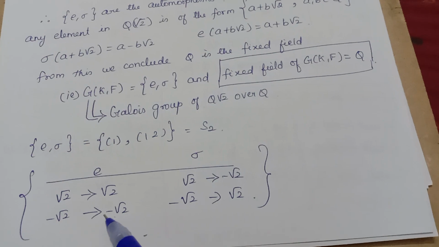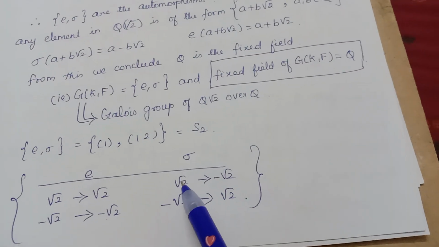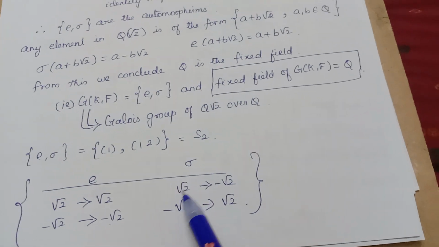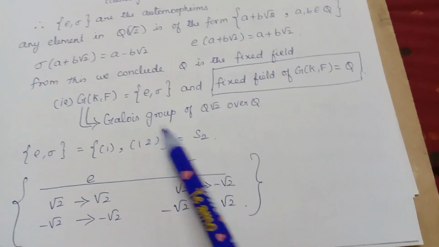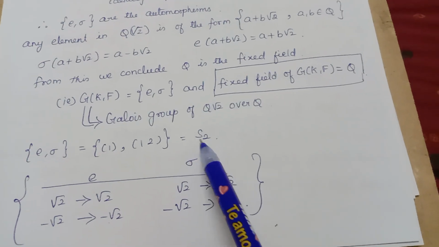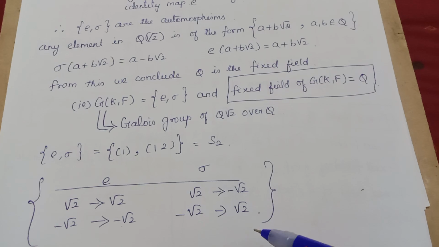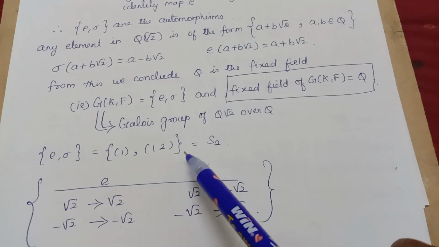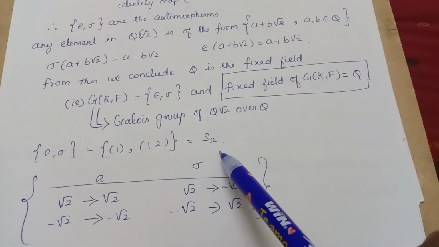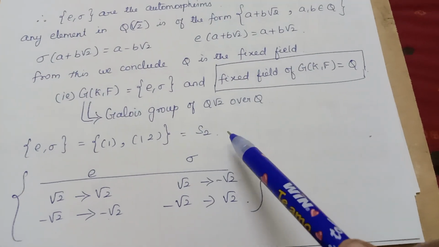So this is nothing but identity. If you take this as 1 and this as 2, 1 goes to 2, 2 goes to 1. That is this permutation. So this is nothing but S2. So what we have concluded here, this Galois group is similar to our permutation group S2, right? This is what I have explained you in the theory.